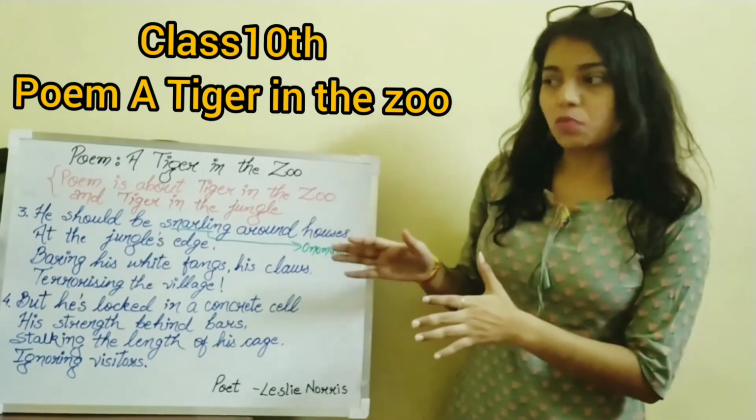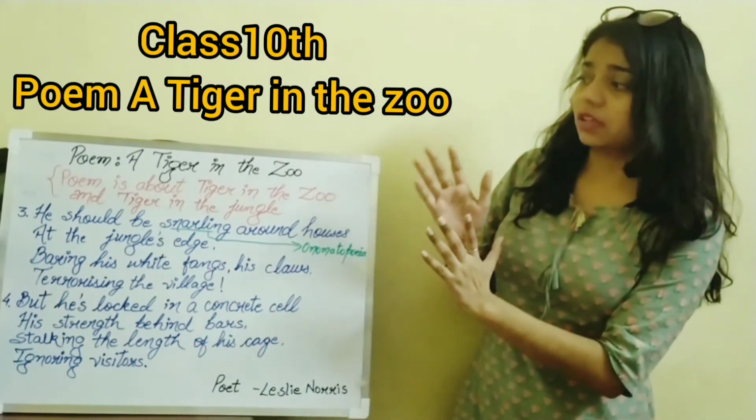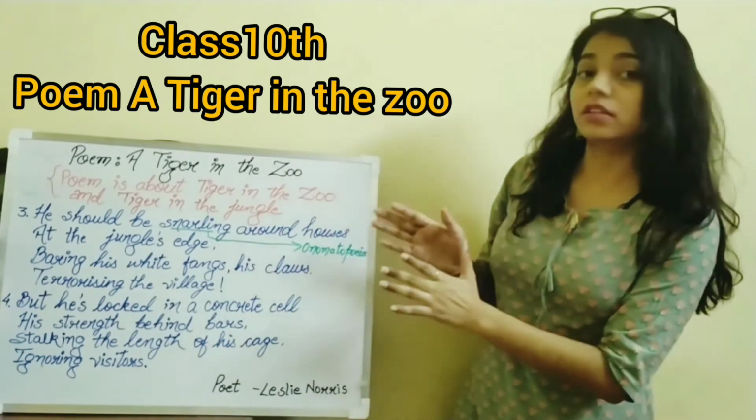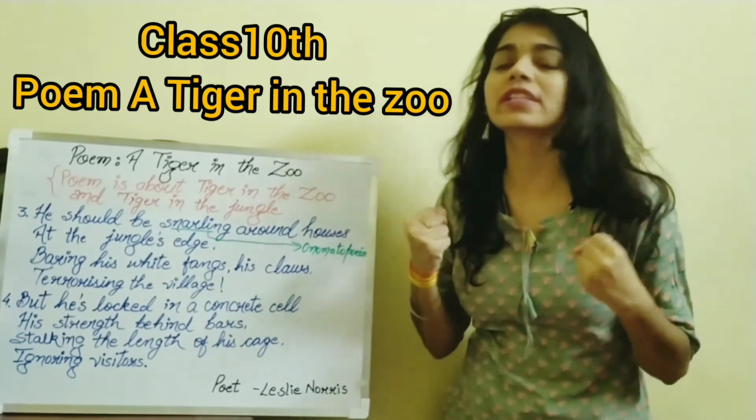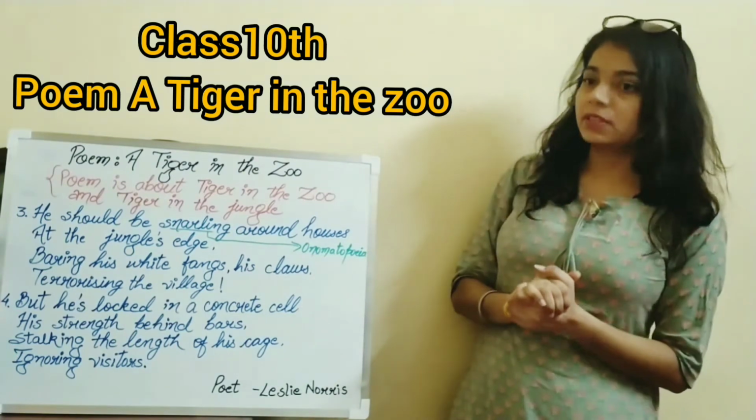So in this way, the tiger in the jungle will show his strength. But what happens in the fourth stanza?